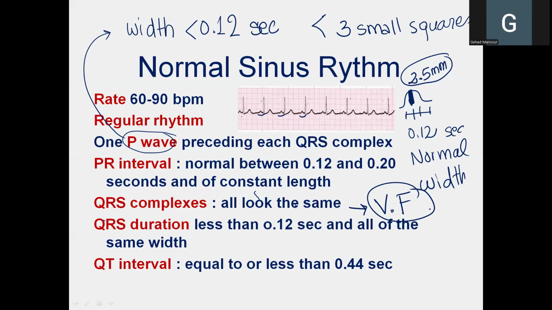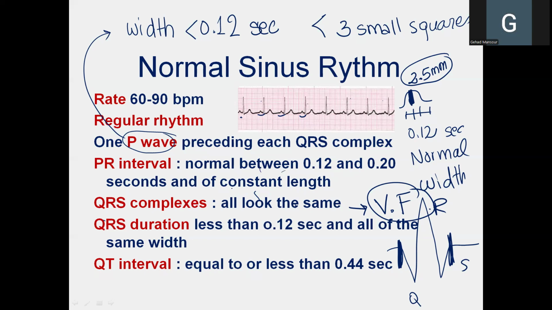And then you would try to calculate the number of small squares that form the QRS complex. For example, if you have the Q wave, and then the R wave, and then the S wave, the duration of the QRS complex is from the beginning of the Q wave to the end of the S wave.